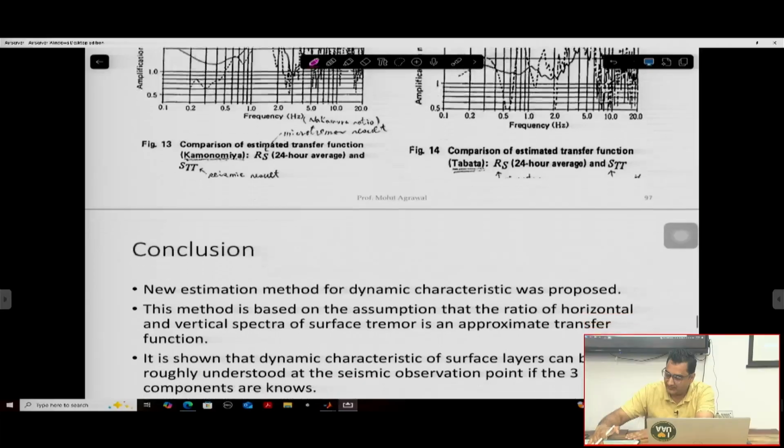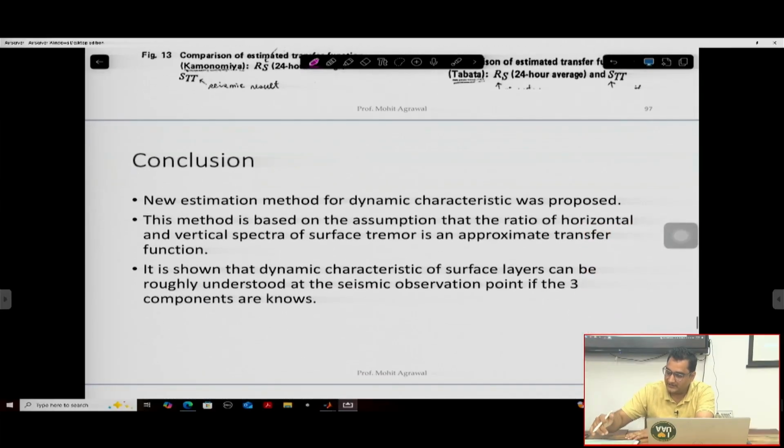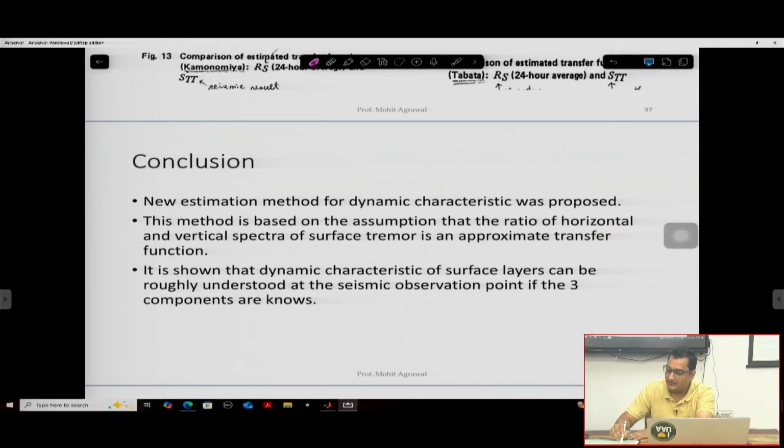Now if we conclude, they have basically said that the method they have devised is for the dynamic characteristics and it can estimate the transfer function using the horizontal and the vertical components, that is basically the ratio of horizontal and vertical spectra of the surface tremor, and it is an approximate transfer function.